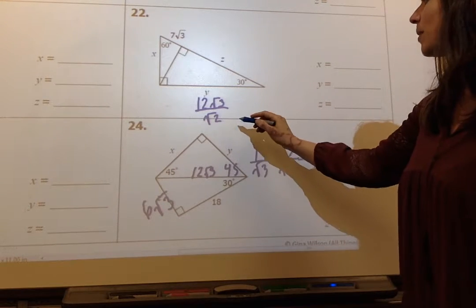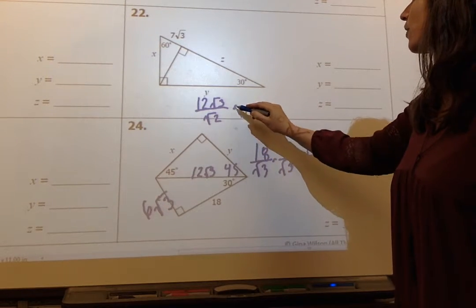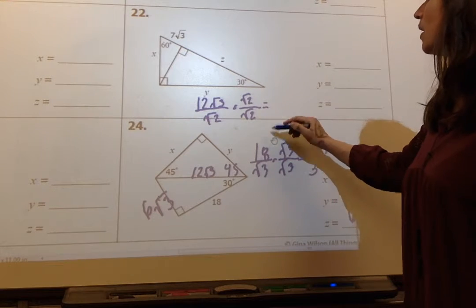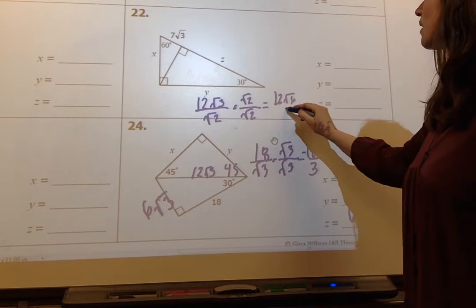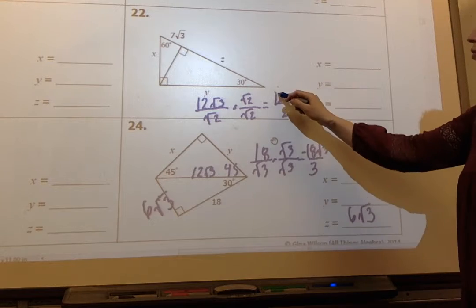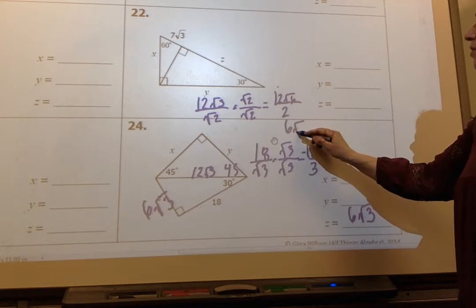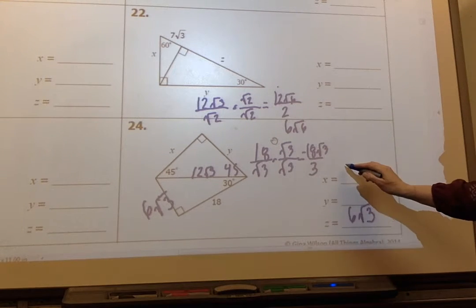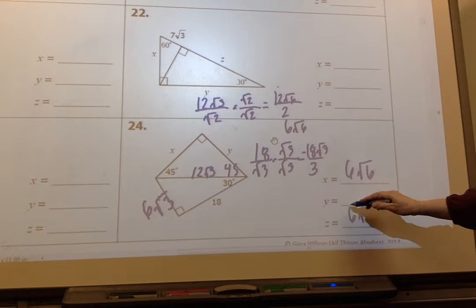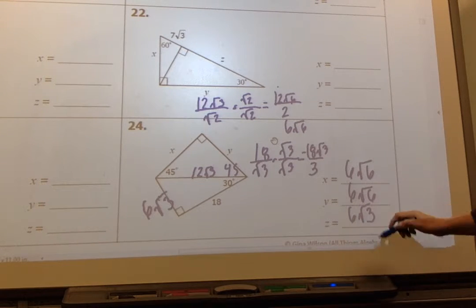But I can't have a radical in the denominator, so I'm going to clear it out. Square root of 2 times square root of 2, and I get 12 square root of 6 over 2. 12 and 2 cancel out to be 6 square root of 6. So x is 6 square root of 6, and y is 6 square root of 6.